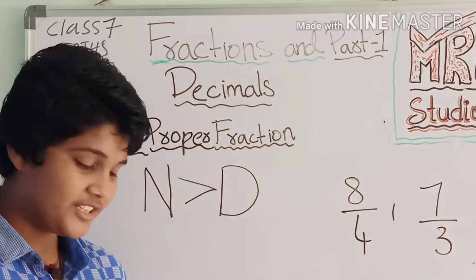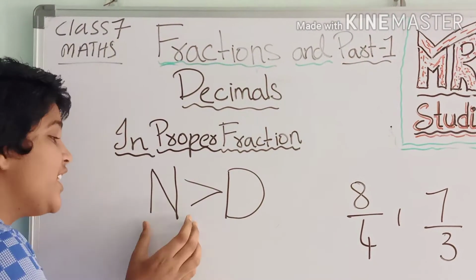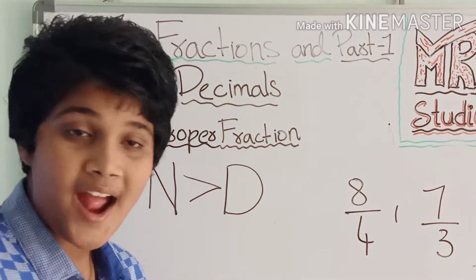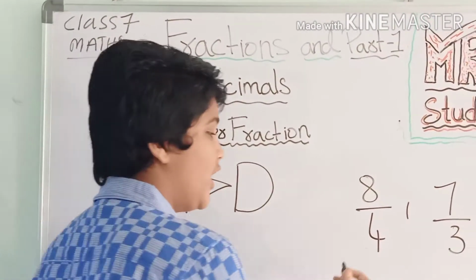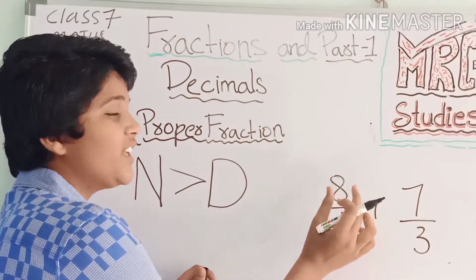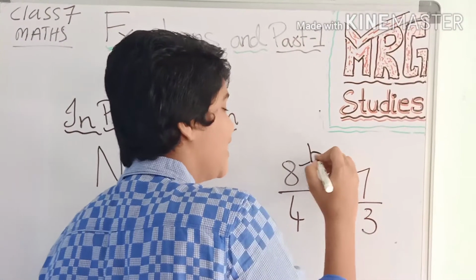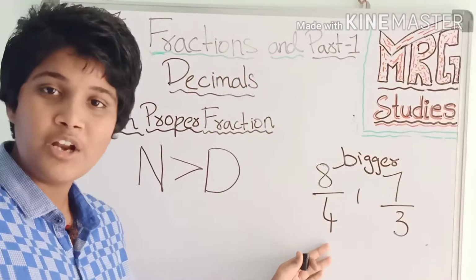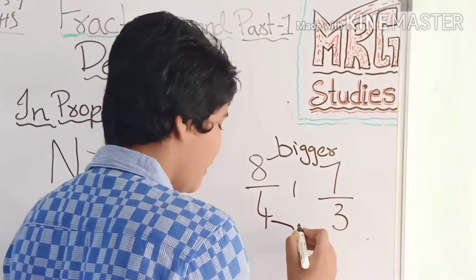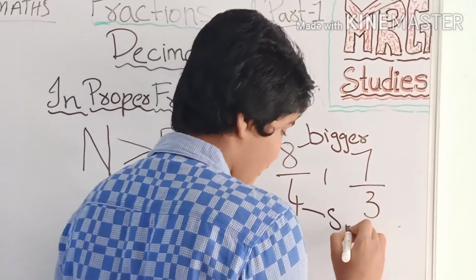Now I am going to tell you the improper fraction. Improper fraction means the numerator will be bigger and the denominator will be smaller. See here, for example, 8 by 4. The numerator 8 is bigger and the denominator 4 is smaller.